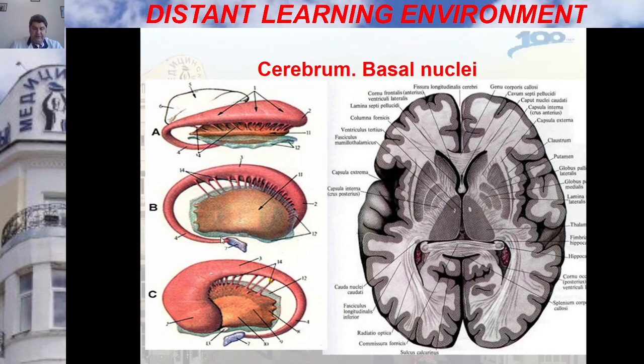The lentiform nucleus lies lateral to the caudate nucleus and the thalamus, and you may see this nucleus here. On the horizontal section through the hemisphere, the medial surface of the lentiform nucleus facing the internal capsule has the shape of an angle, whose apex is directed centrally.